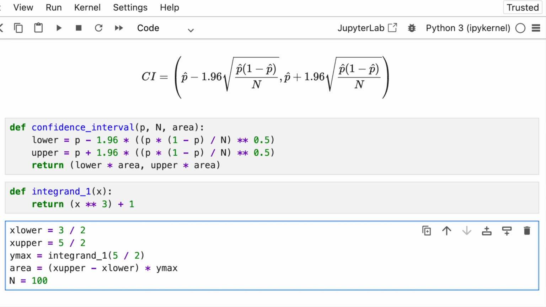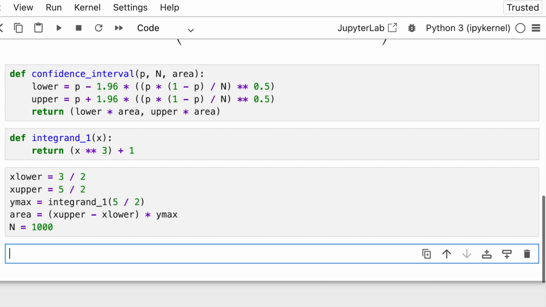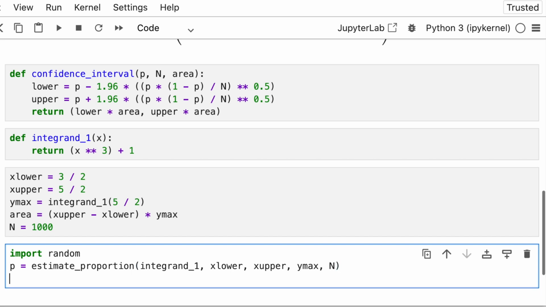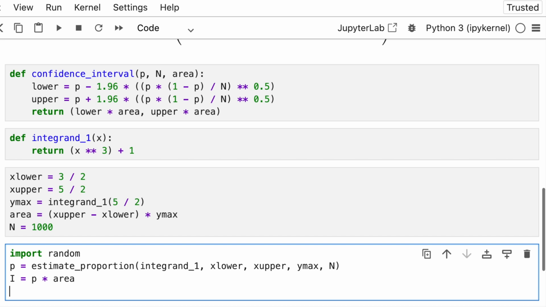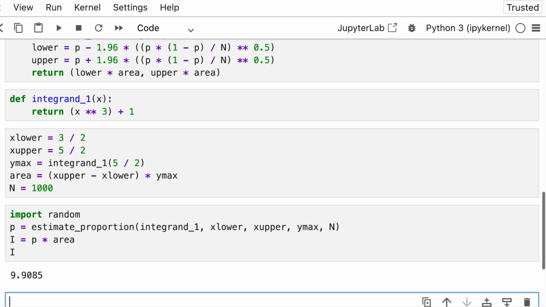Let's say 1,000. Now let's start using those functions. We need to import the random library in order to use random.random. My estimated proportion will be this, and therefore the value of the integral will be that estimated proportion times the sample area. I can look at that and I get a value of 9.9085.